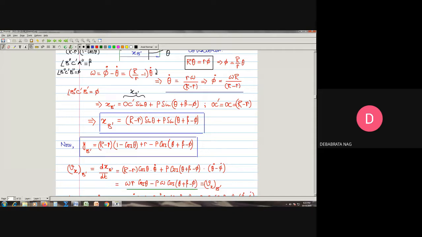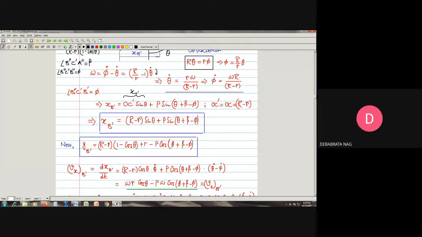So I therefore have dxb dash by dt. That means I differentiate this equation with respect to time, and I get capital R minus small r into cos theta into theta dot, right? Then plus it is rho cos theta plus beta minus phi, remembering beta is constant, it is theta dot minus phi dot. Now you see here, R minus r into theta dot is omega into r.